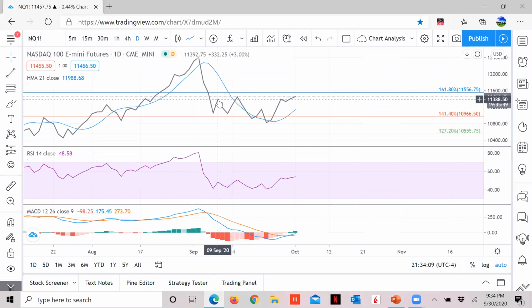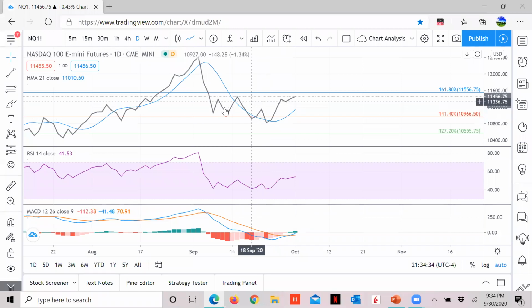So this is a double top in a short period. 2 consecutive tops or 3 consecutive tops is a bearish signal. It's a sell signal, because after 2 tops, it comes down. After 3 tops, it comes down as well.